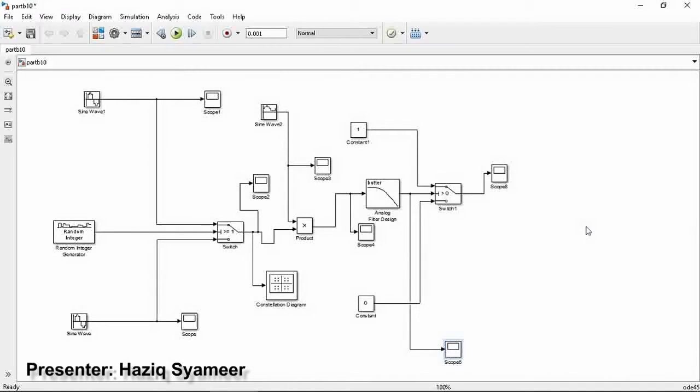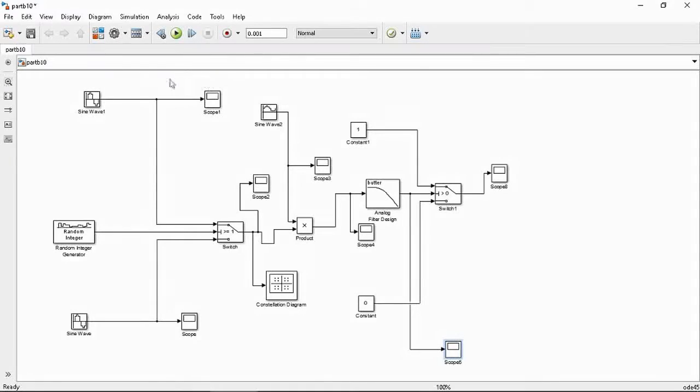Hi, my name is Muhammad Haziq Shamir, and I will continue with the presentation by explaining the other part of the circuit, which is mostly the output. As you can see right here, this is the circuit that we constructed for Part B using the BPSK method.